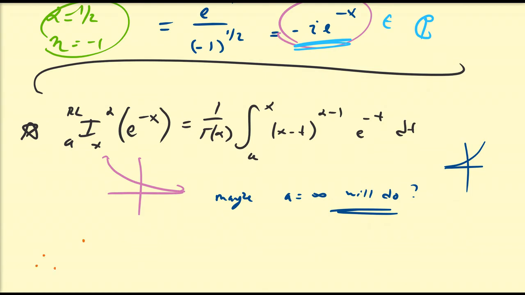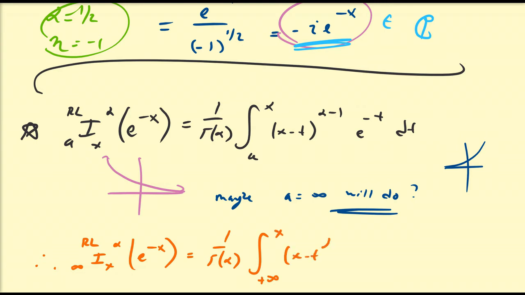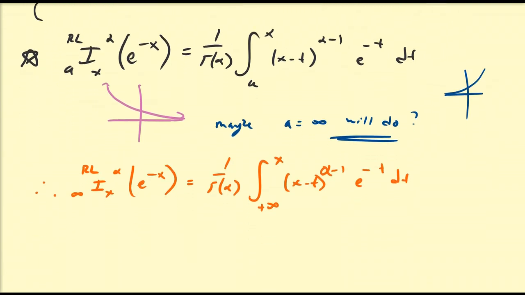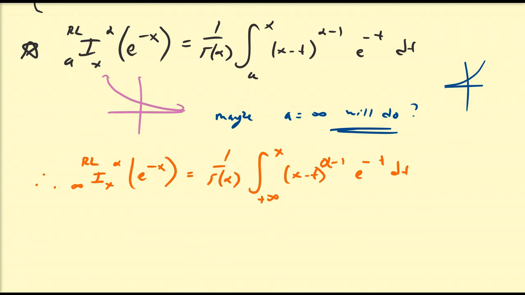So we get the Riemann-Liouville integral with base point infinity at x of order alpha of e to the minus x is going to be equal to 1 divided by gamma alpha, the integral from positive infinity to x of (x minus t) to the alpha minus 1 e to the minus t dt. And we can perform some operations here, so we can let u be equal to x minus t and shift everything as normal.